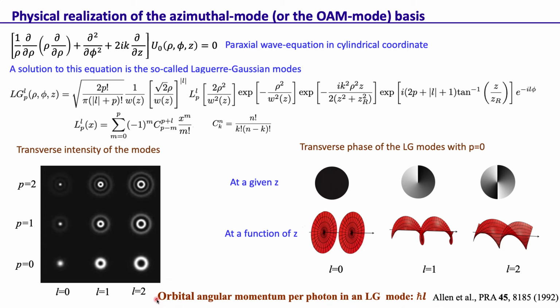What this result essentially says is that these are the solutions to this paraxial wave equation, and if we have a photon, we haven't gone into the quantum description yet, but I'm just pointing it out here, in such a mode, that means if we integrate this mode over enough volume such that the total energy is equal to h bar omega, then for that volume the total orbital angular momentum will be h bar L, and that's what this result says.